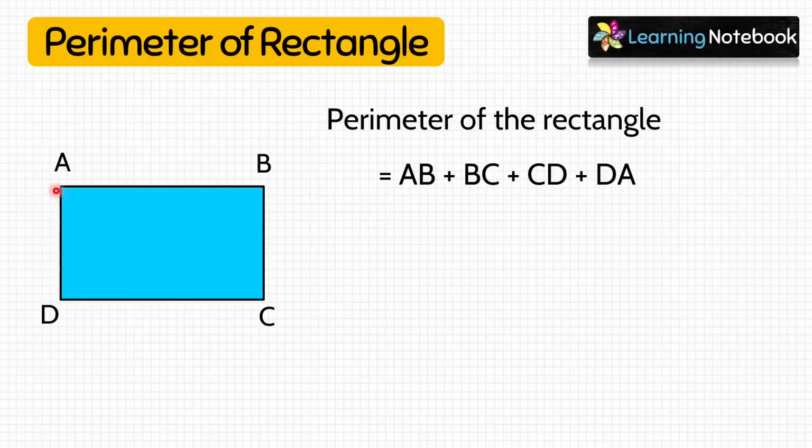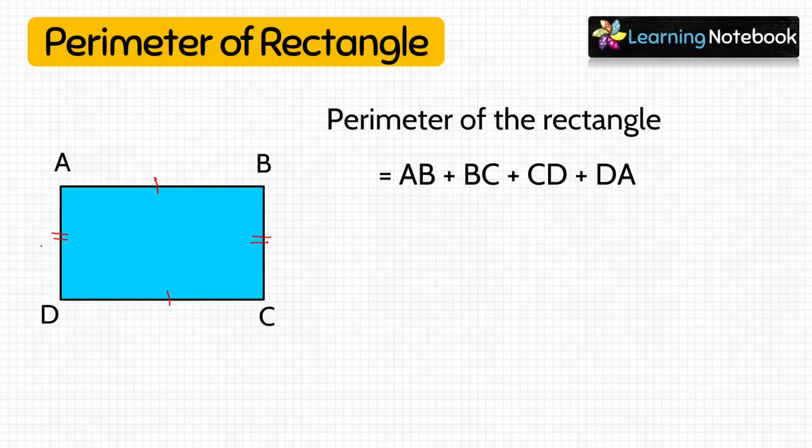Now students, we know in a rectangle, opposite sides are equal. So it means CD equal to AB and DA equal to BC.